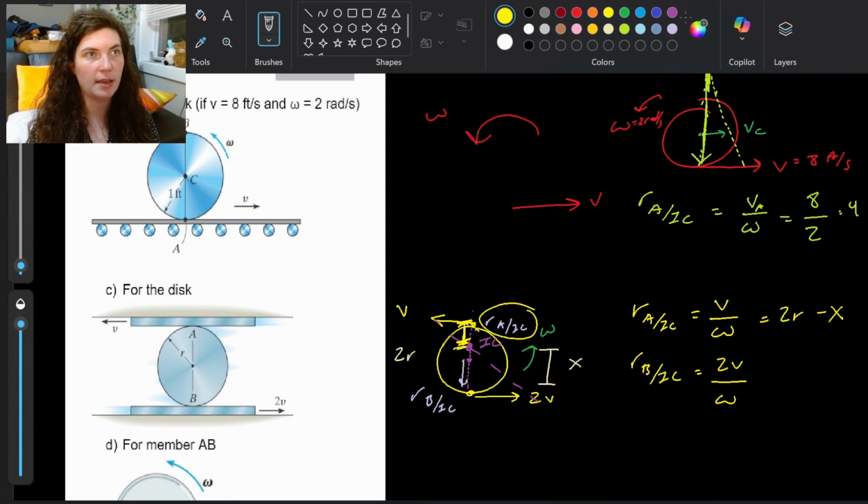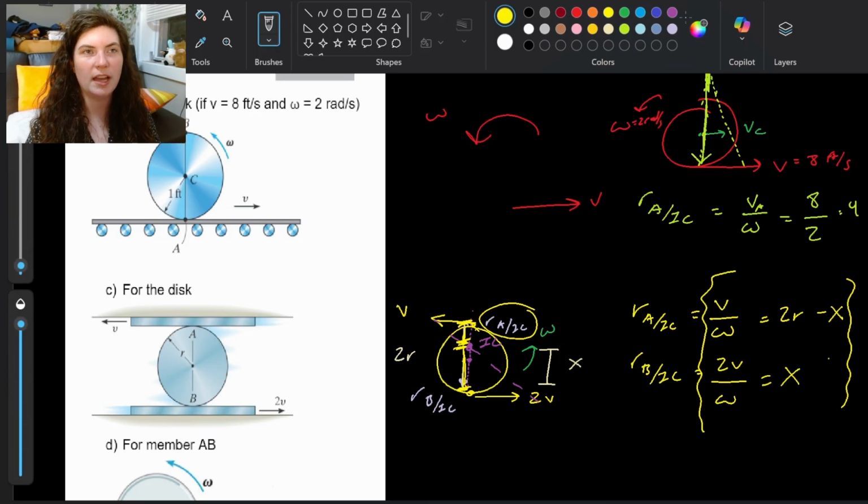And I can do the same with B. This distance we already labeled as x. So I can set those each equal to x, and then I don't need to worry about r of A with respect to IC, r of B with respect to IC. I can just use these relationships that I have over here now, these equations, to solve for this x value, to figure out where exactly IC is hitting.